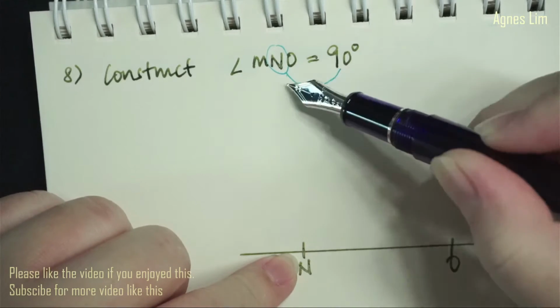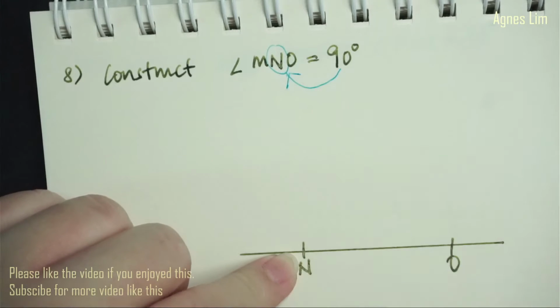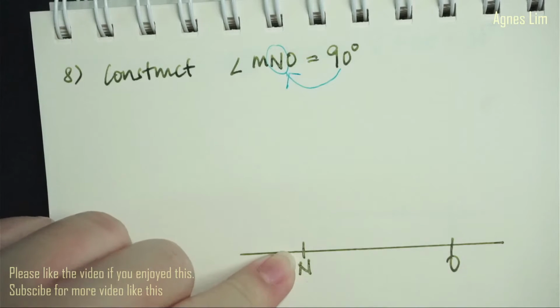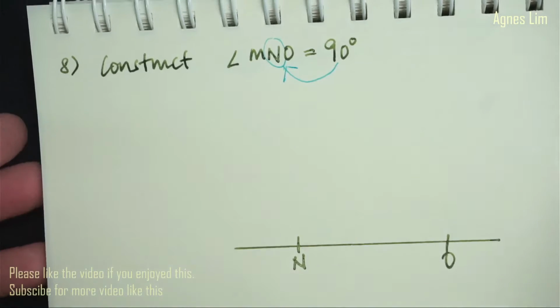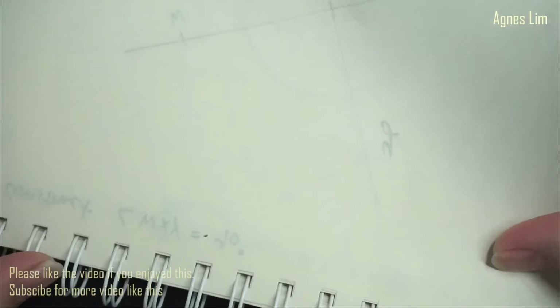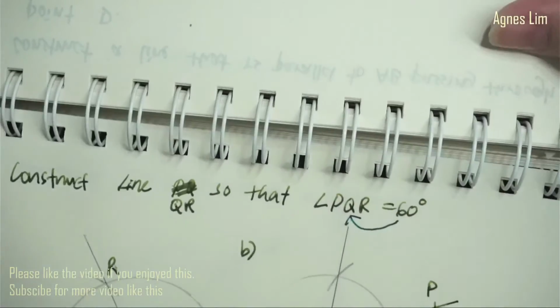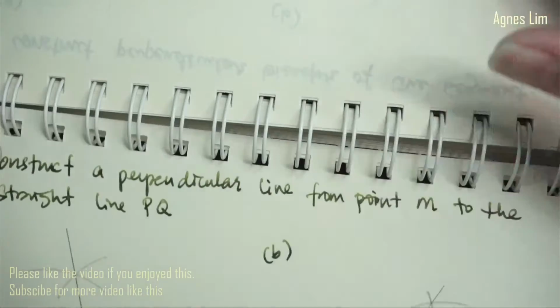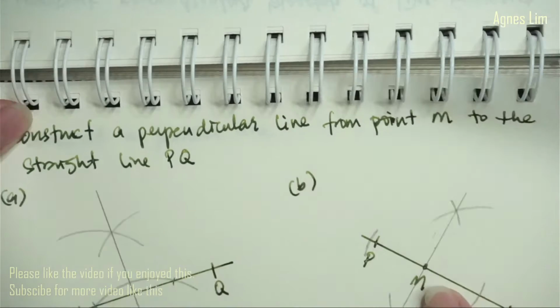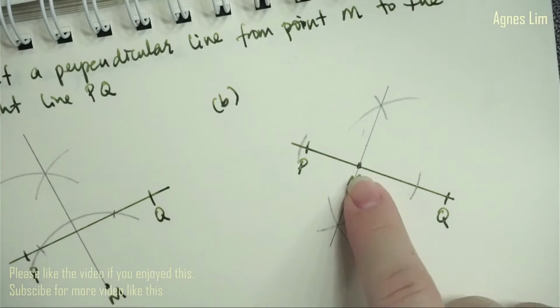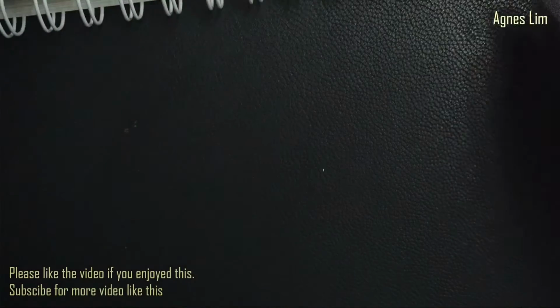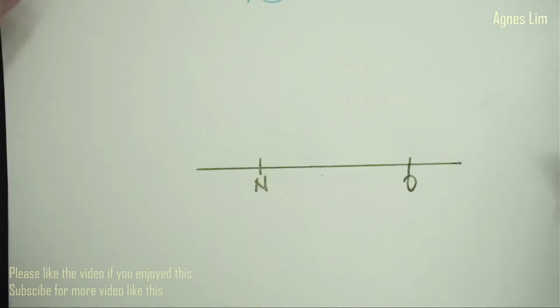So our 90 degrees is at N. If you remember the bisector that we did for this one, I'm going to do this for our 90 degree construction.